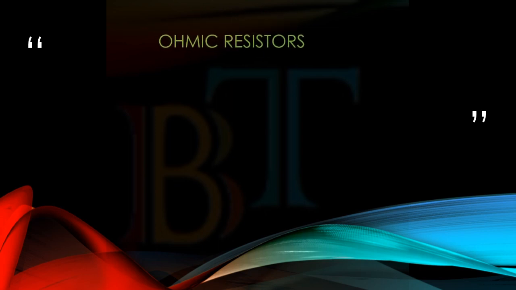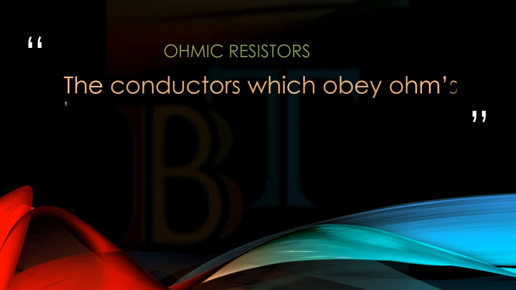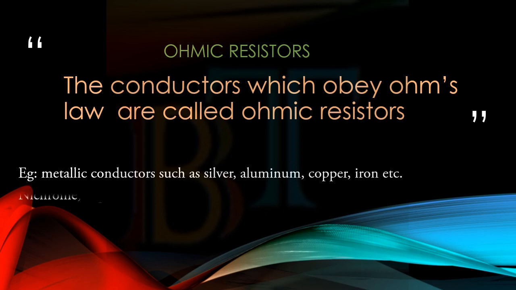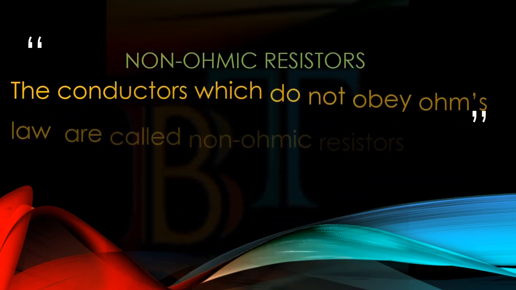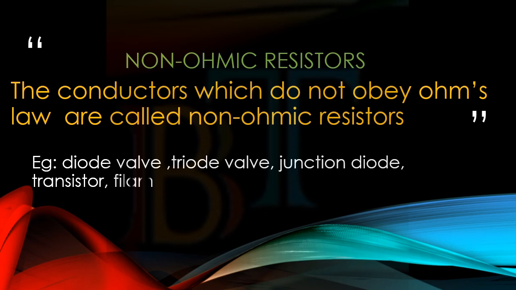So the conductors are divided into two categories on the basis of Ohm's law. The conductors which obey Ohm's law are called ohmic resistors or linear resistors, and the conductors which do not obey Ohm's law are called non-ohmic resistors or non-linear resistors.